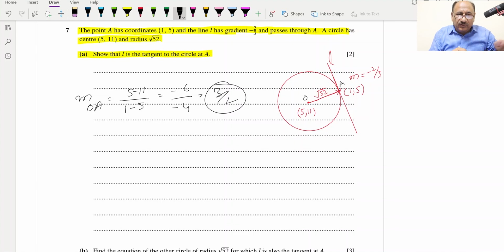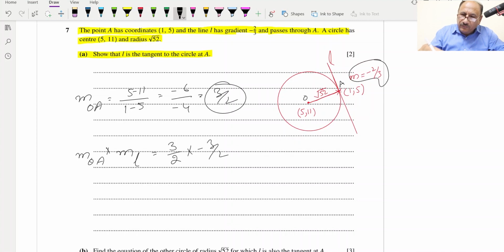So gradient of OA is 3 by 2. So gradient of OA times gradient of L will be equal to what? 3 by 2 multiplied by minus 2 by 3, the gradient of this line L, and this is equal to minus 1.